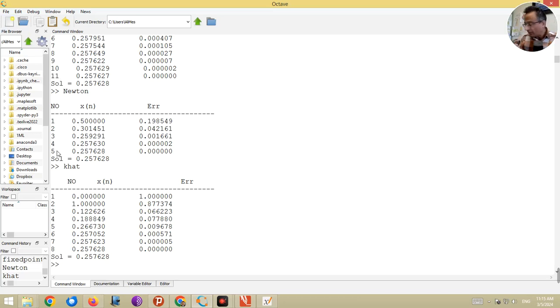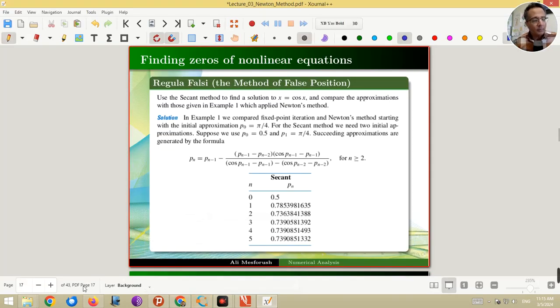So, in fact, the second method is something between fixed point and Newton methods. This is a very good method when we don't want to compute the derivative of function f at some points.